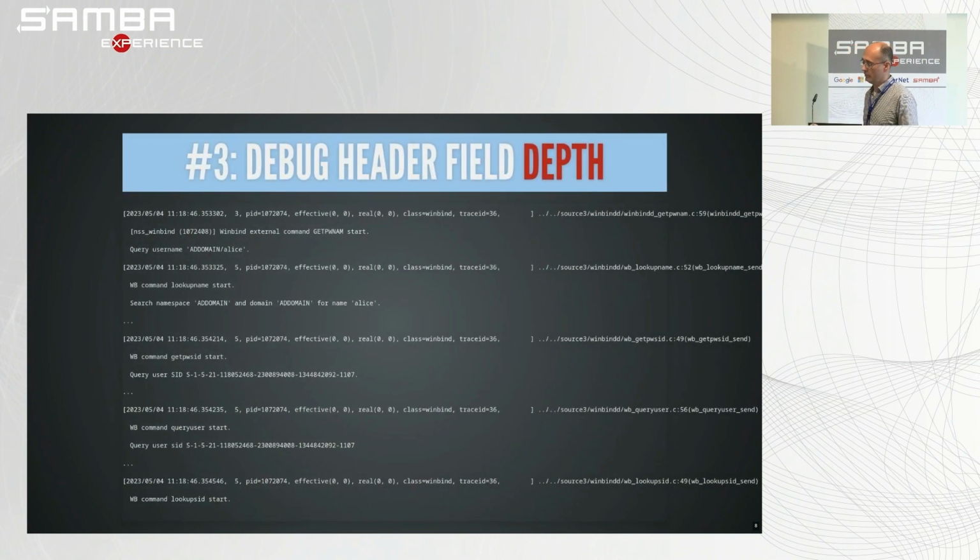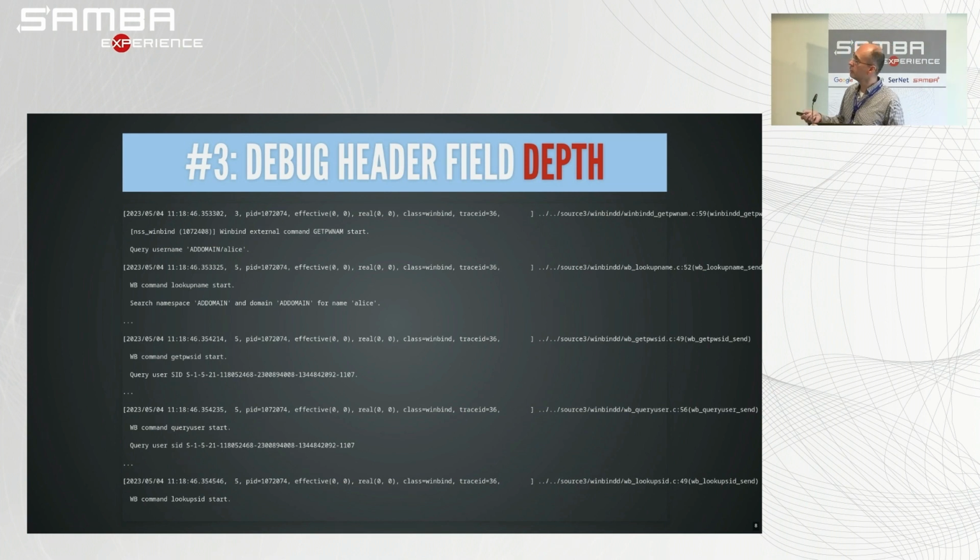So once we have the trace ID available, we can pick up only the traces which share the trace ID, which is here. And now I would like to know what the call flow actually was, because the processing in winbind uses quite a big nesting level.